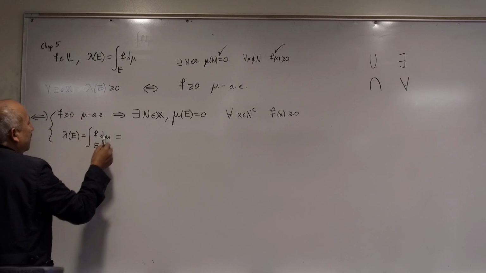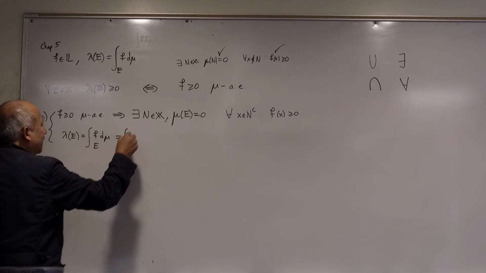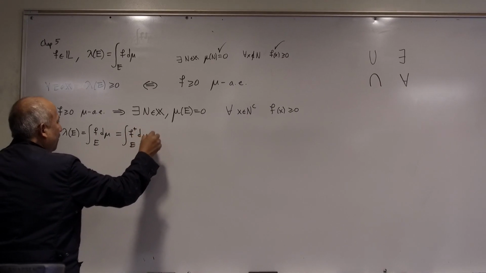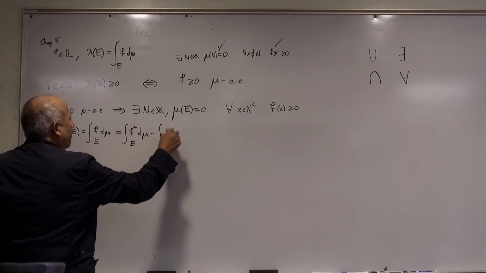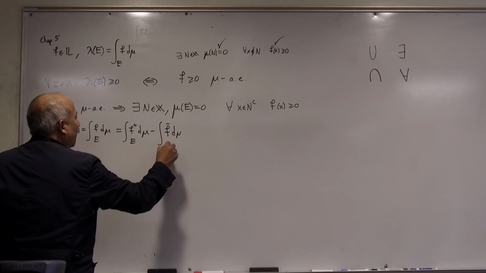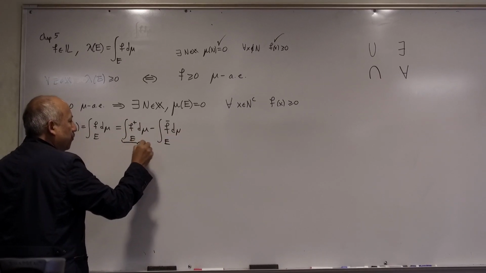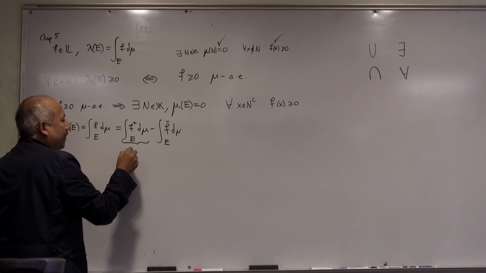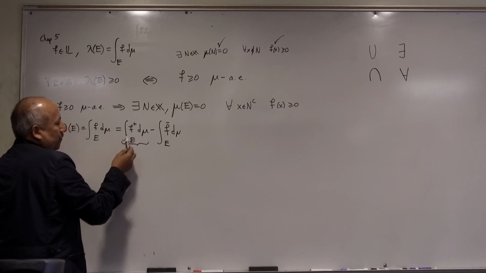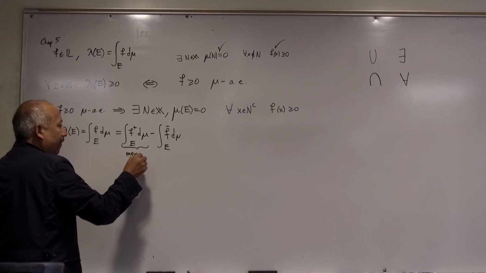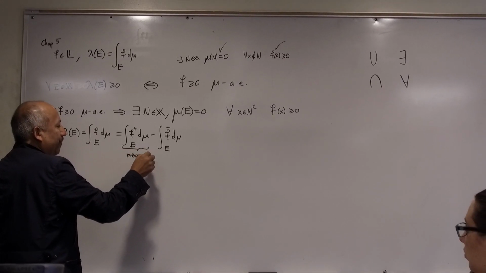We define it as the integral of f plus d mu minus the integral of f minus d mu. And because this function is greater than or equal to 0, this is for sure, like lambda plus, a measure evaluated at E, right? See what I mean?